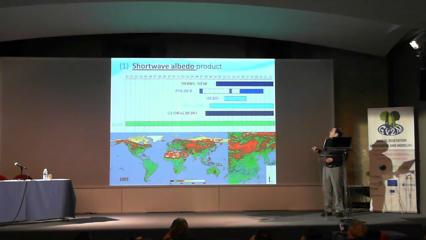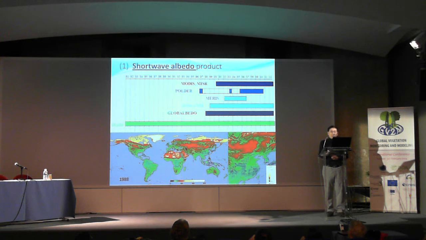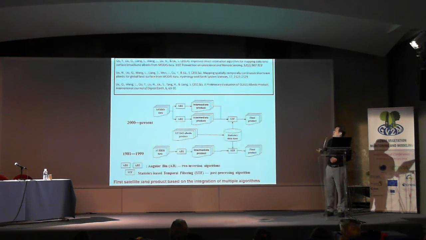The first product is the Global Land Surface Albedo, and we have many different albedo products so far. GLASS Albedo is very similar to most of them, but the difference is the much longer temporal coverage, and that is critical for long-term environmental change studies. The algorithm and some validation results have been published.